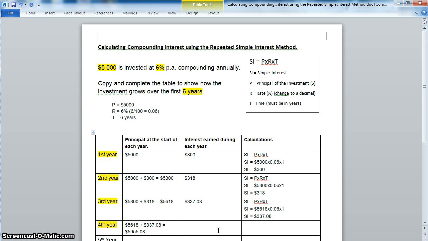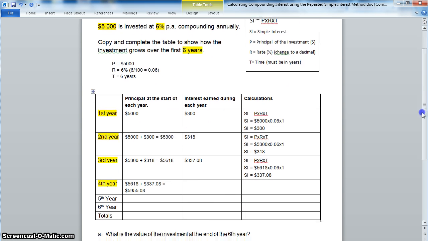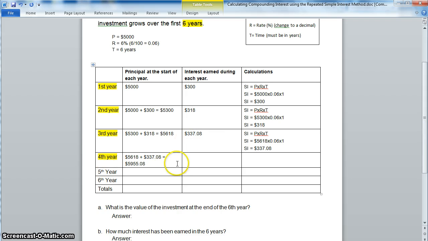So what I'd like you to go on from now is to calculate the interest for year 4 and the 5th year and the 6th year, and calculate the totals.